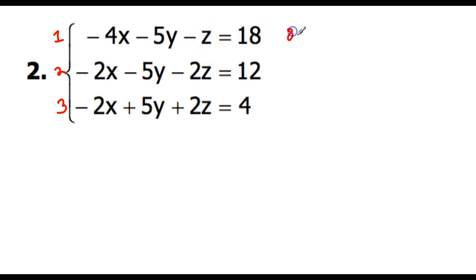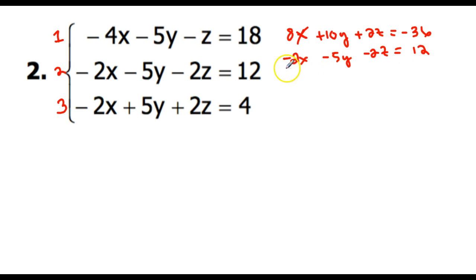So this gives me positive 8x, and then positive 10y, positive 2z, and then -36 is what it's equal to, because I multiplied everything there by -2. The bottom one can stay the same, so I get -2x minus 5y minus 2z is equal to 12.